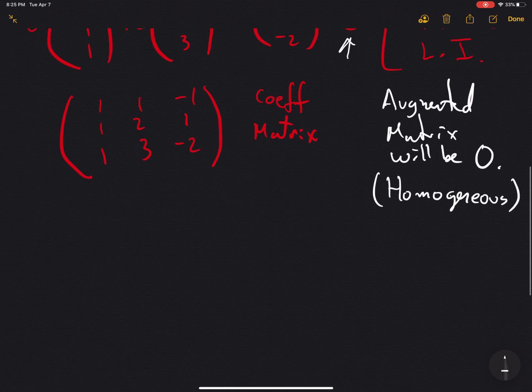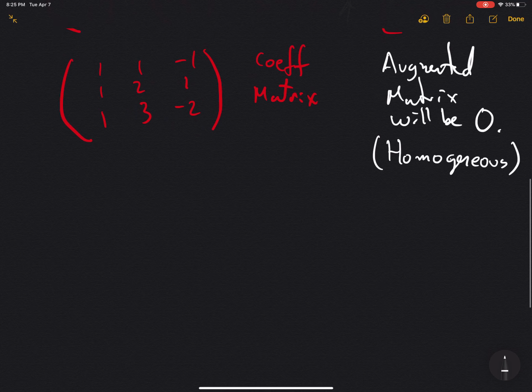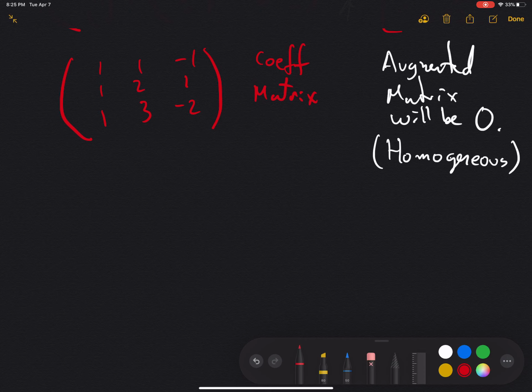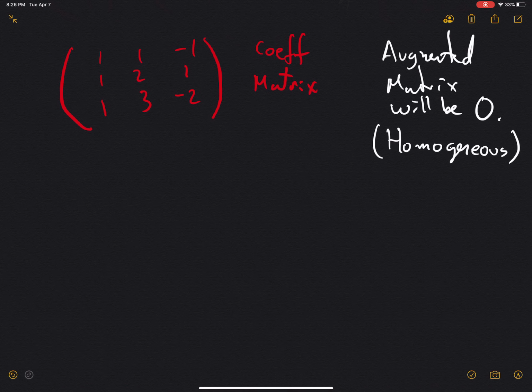So I'm going to focus only on the coefficient matrix, and what I will do is reduce to echelon form. I can actually start getting rid of these numbers.